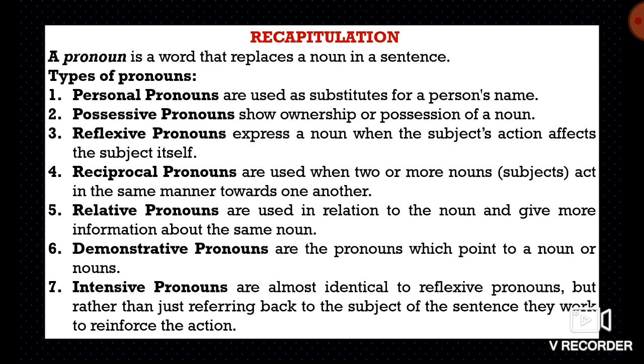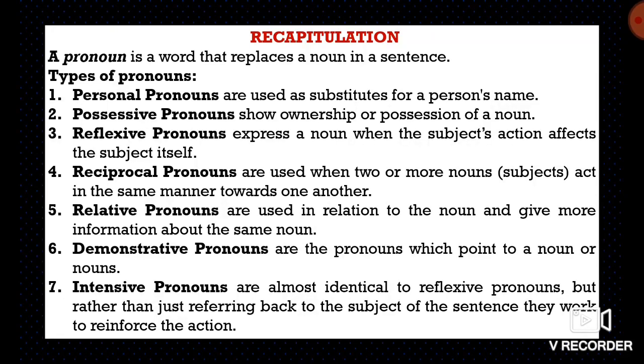Personal pronouns are used as substitutes for a person's name. Second is possessive pronoun. Possessive pronouns show ownership or possession of a noun. Third, reflexive pronoun. Reflexive pronouns express a noun when the subject's action affects the subject itself.